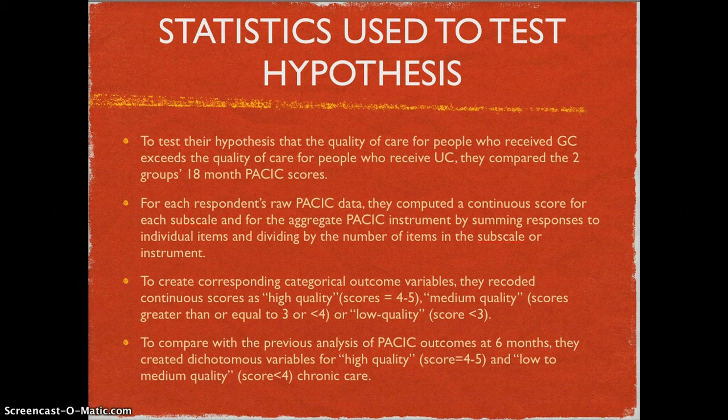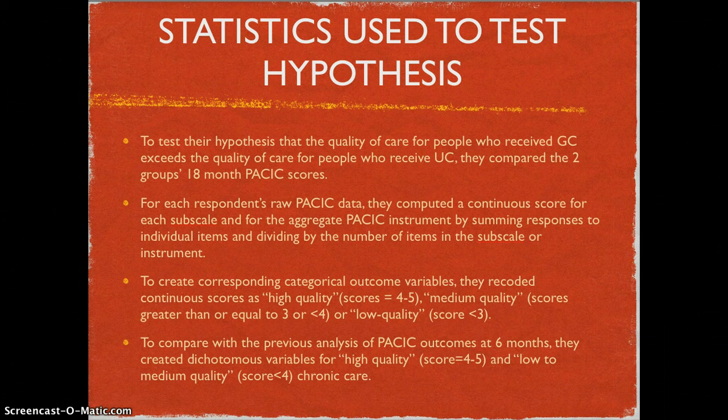And then to create corresponding categorical outcome variables, they recoded those continuous scores as either high quality, which was a score of 4 or 5, medium quality, scores greater than or equal to 3 and less than 4, or low quality, scores less than 3.